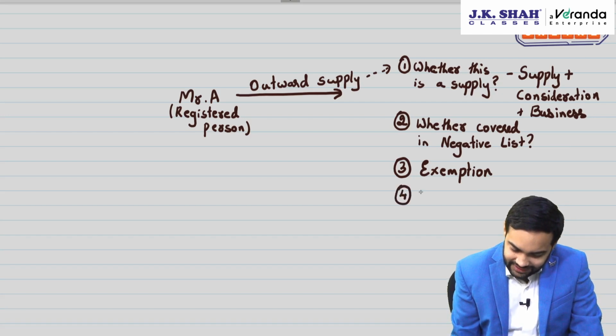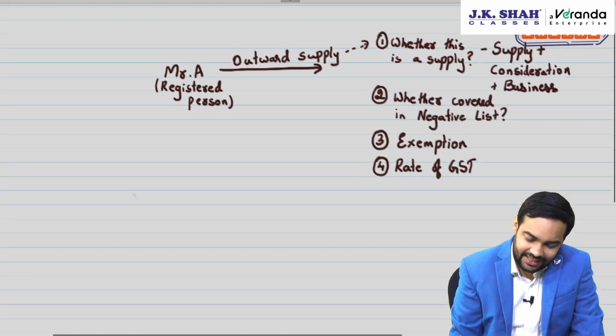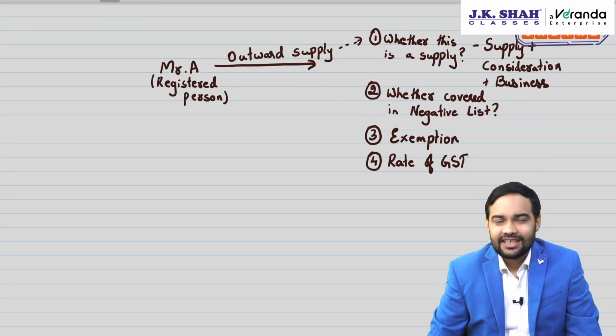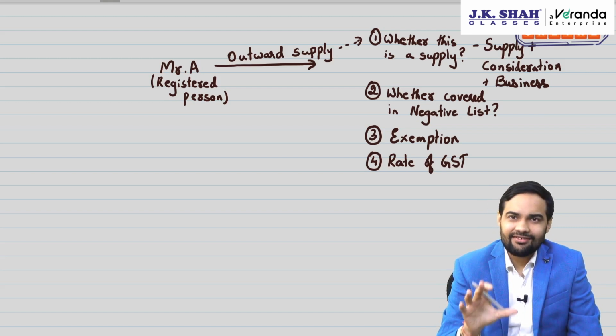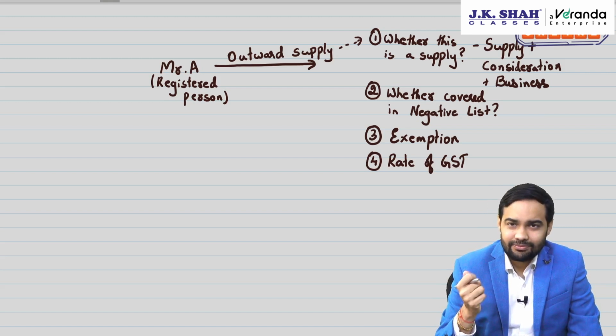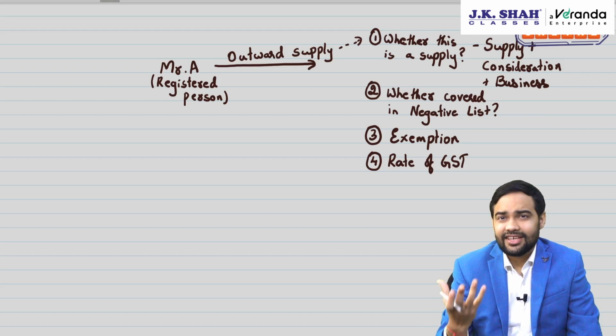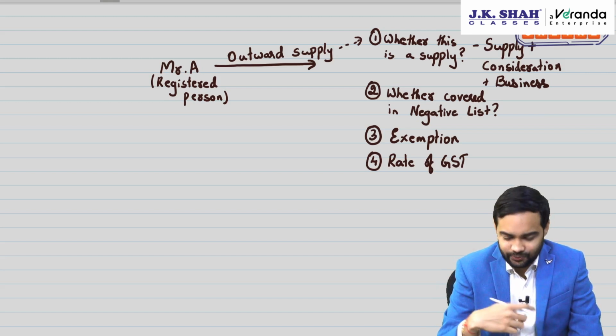Thereafter, he has to select the rate of GST which is applicable on this transaction. Now, selection of rate of GST is not in your syllabus because the rates are given in the question paper. But classification is a very important issue.